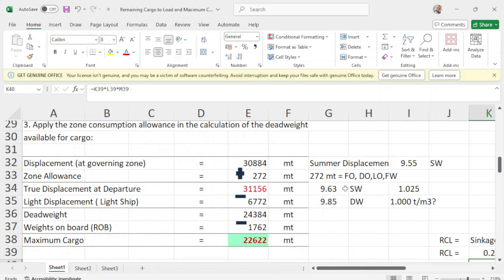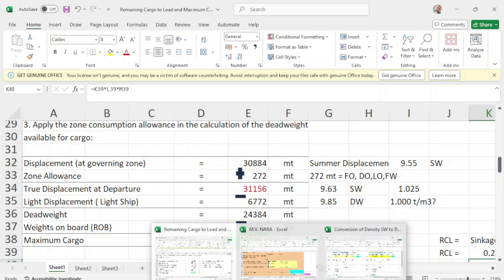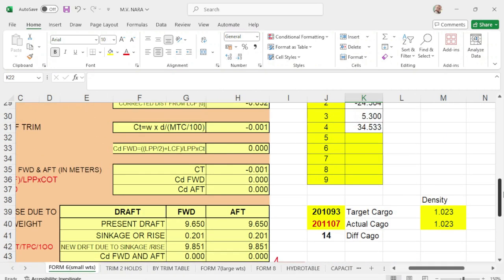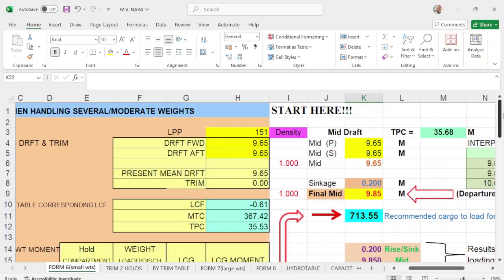From seawater, you convert this to density 1.00, then your departure drop will be 9.85, which is our departure here, 9.85. Now go back.